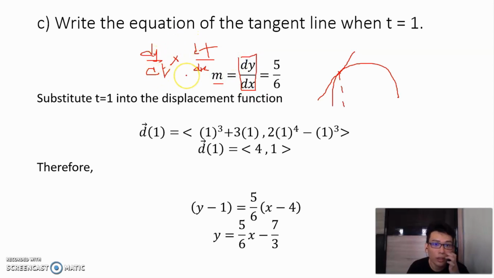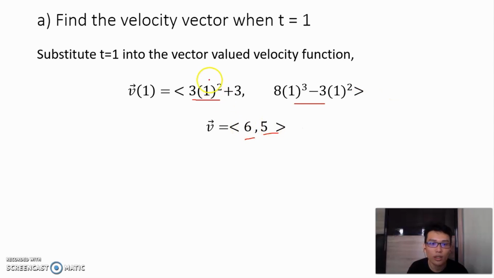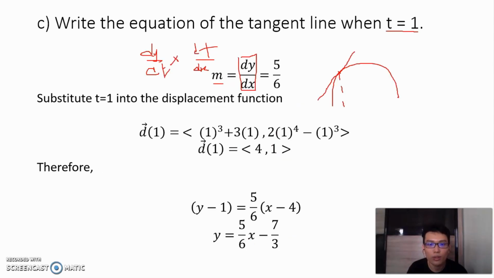We already found it in the previous question because it's the same t equals 1. So you get 6 for dx/dt, so dt/dx is 1 over 6, and dy/dt is 5.